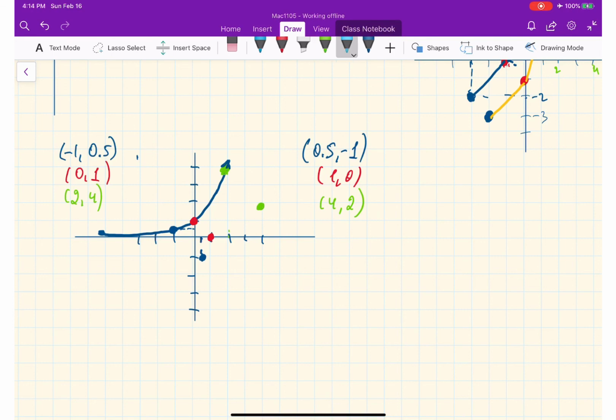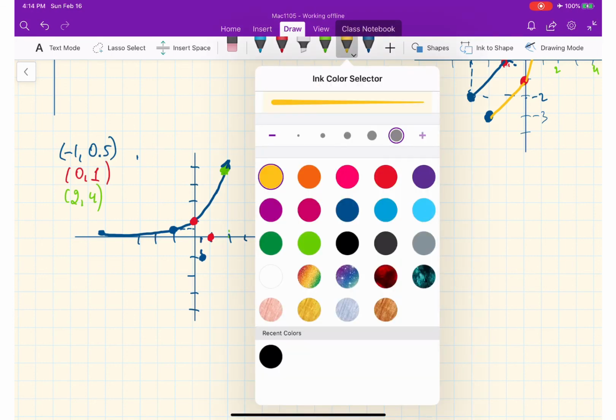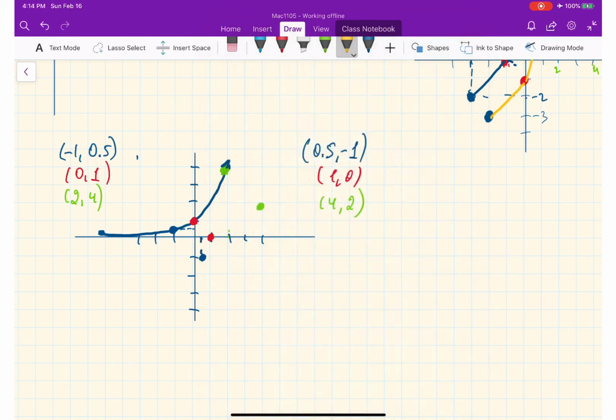So in the graph, it's going to look like this, and this is going to be the inverse.